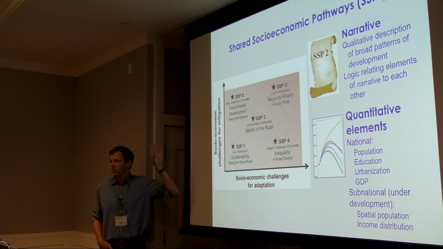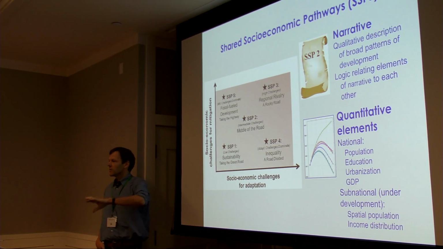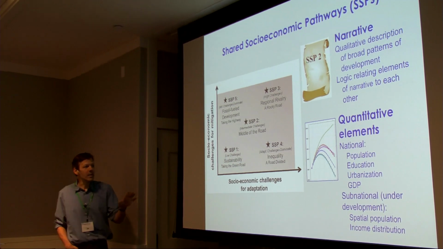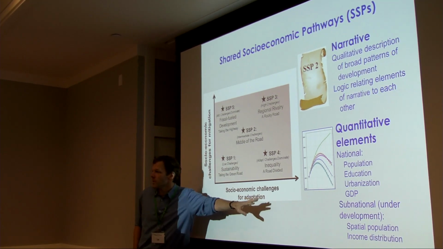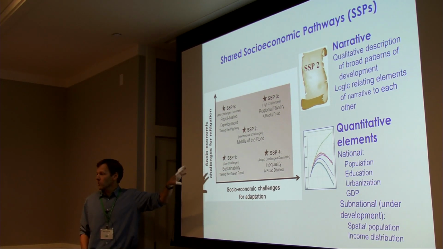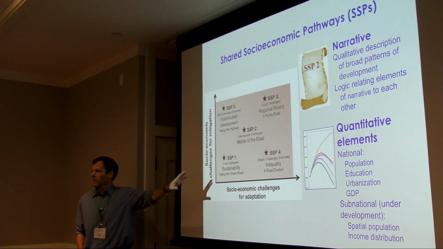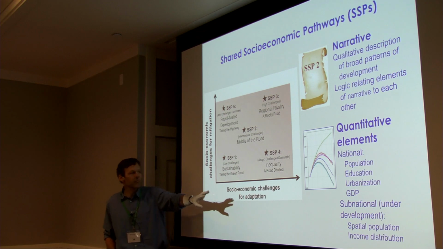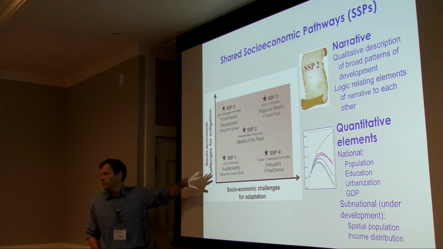The idea was explicitly that these are for climate research, and we want them to underpin studies that can explore a range of uncertainty in terms of how hard or easy it might be to adapt given future socioeconomic conditions, not climate. Just what are the socioeconomic conditions that make it hard or easy to adapt, or hard or easy to mitigate.